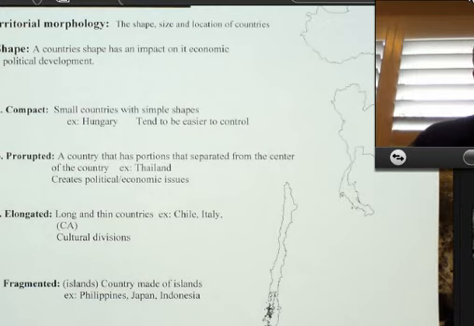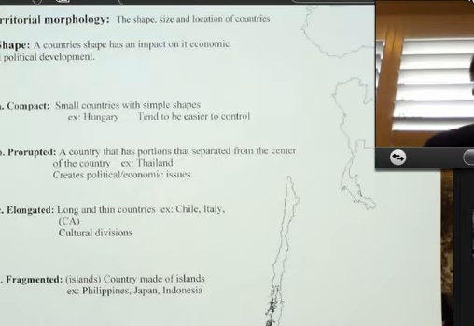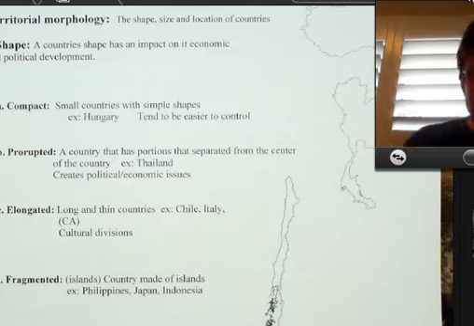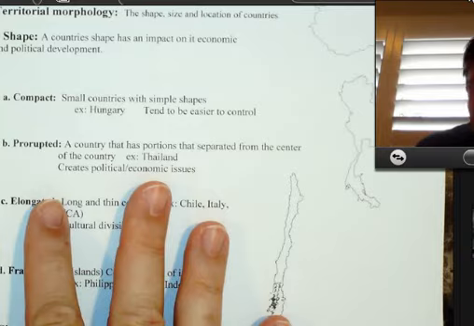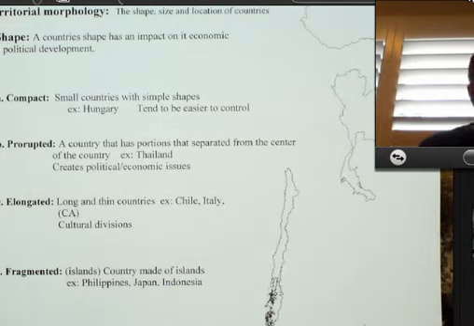And why is Hungary like a little blob? What I'm going to tell you is that the shapes have an impact on economic and political development. There are 4 different types of shapes. They might ask you to give an example of how shape affects countries.